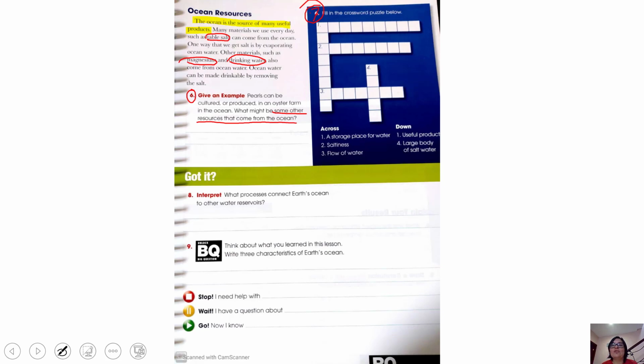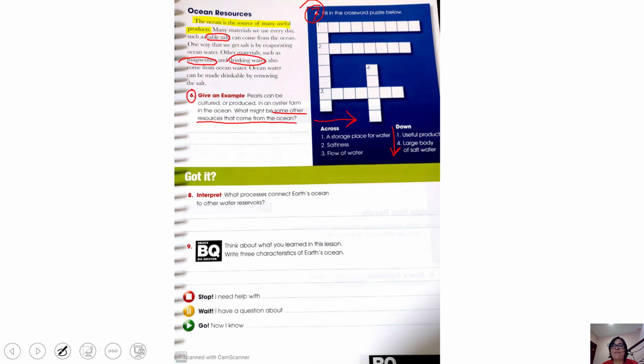Fill in the crossword puzzle below. Across are the ones that are horizontal, and down are the ones that are vertical. Number 1, a storage place for water. What is that? It's a vocabulary word. If not, go to your book and see the first page of this lesson.